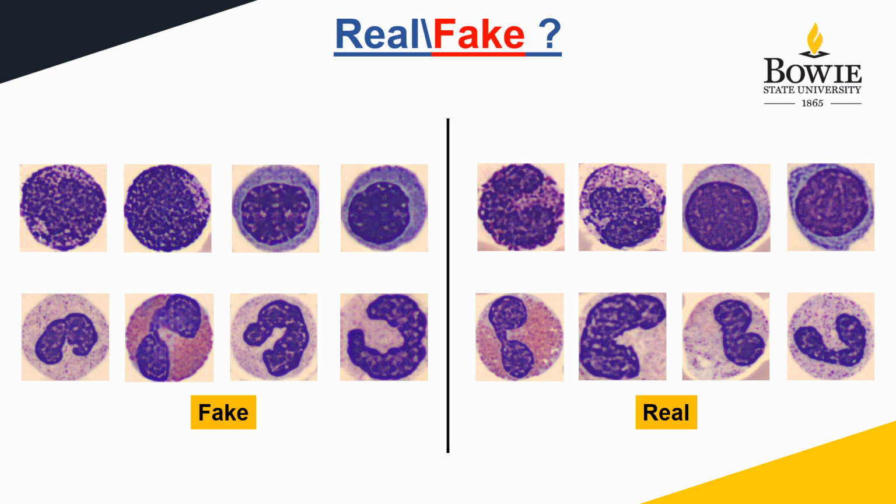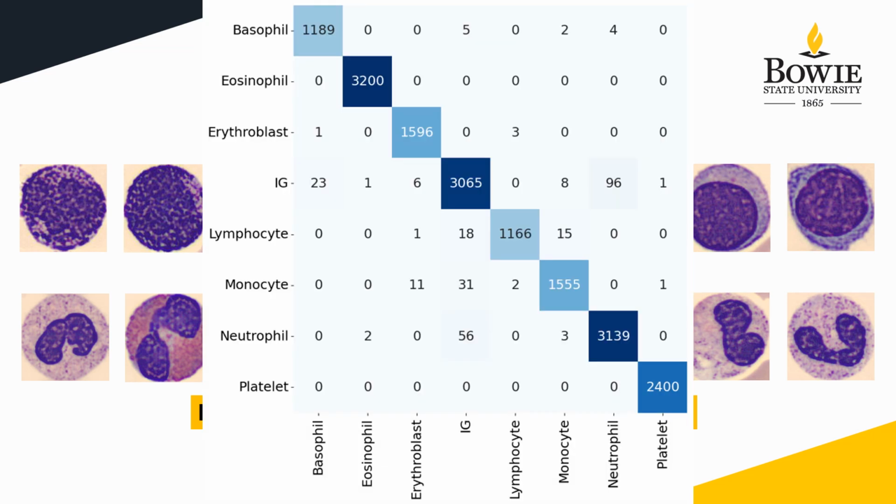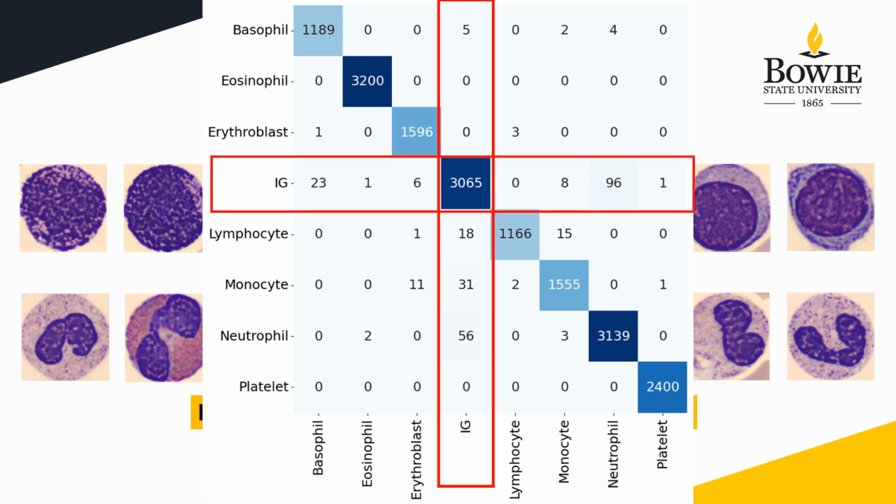Now, to study this further, we trained a classifier using real images and tested that classifier on generated images. The confusion matrix here demonstrates very few misclassifications on blood cell imaging, except immature granulocytes.